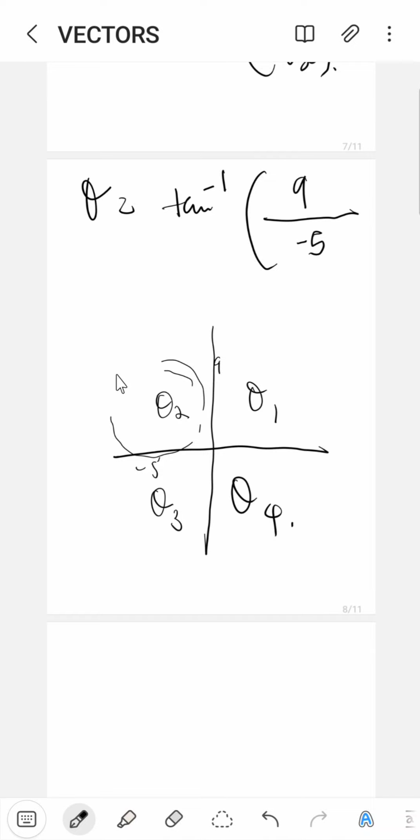If an angle lies in quadrant 2, you'll have to subtract that angle from 180, right? We'll get into the other quadrants when we look at questions that have to do with quadrants. So 180 minus the angle in question, the angle that we'll find.